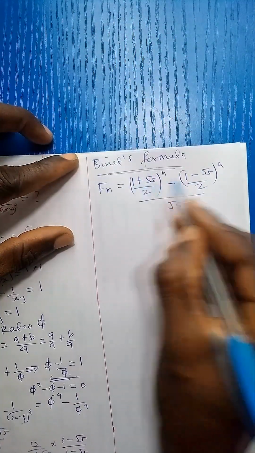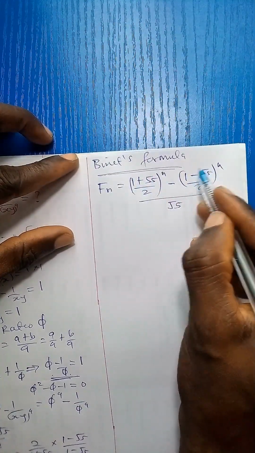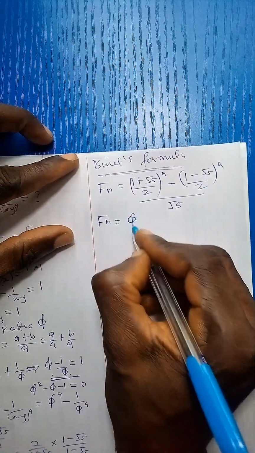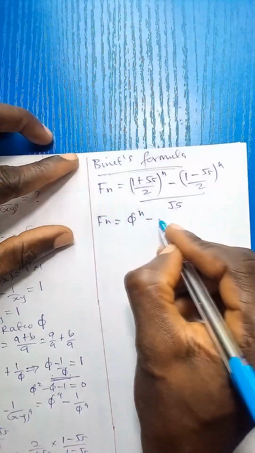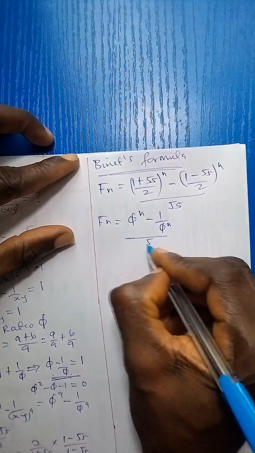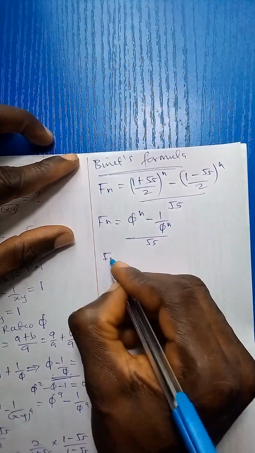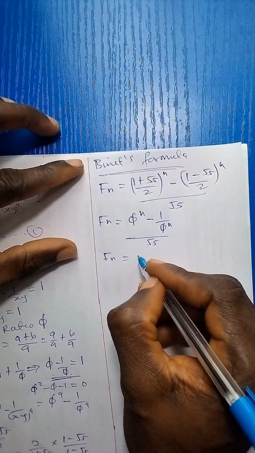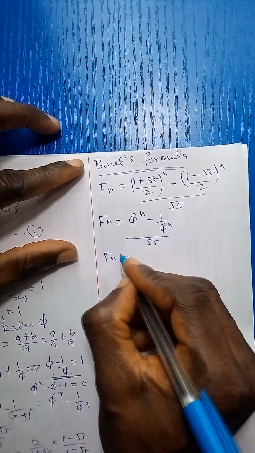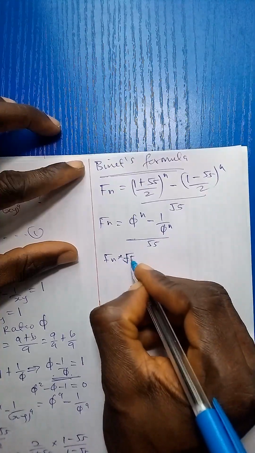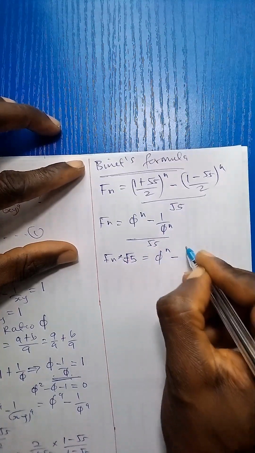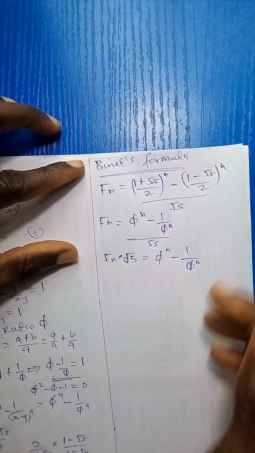We know that this is phi and this is the negative reciprocal of phi. So Fn is equal to (phi to the power n minus 1 over phi to the power n) all over root 5, which we can express, if I multiply by root 5, as root 5 times Fn is equal to phi to the power n minus 1 over phi to the power n.